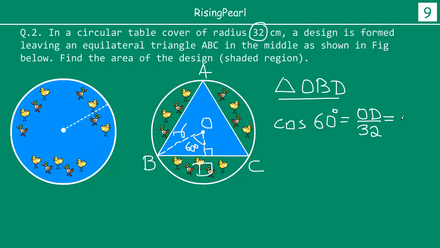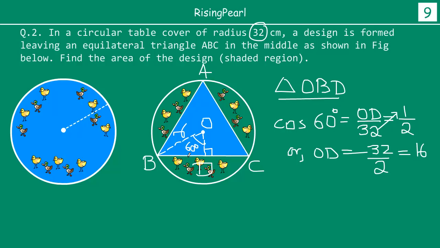Now we know cos 60 is equal to 1 by 2. So from here we can say the value of OD is equal to 32 by 2, or 16. So OD, this length, is 16.